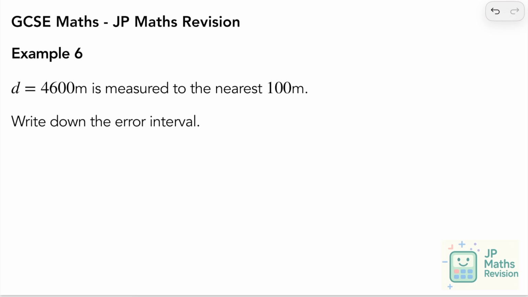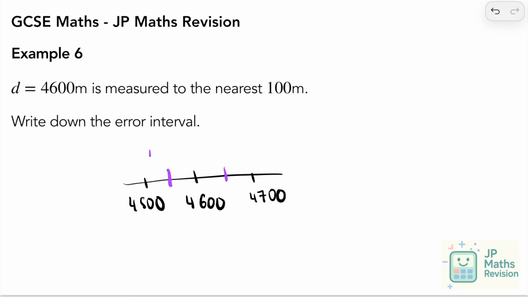This one here, so 4,600 is measured to the nearest 100. So on a number line, to the nearest 100, we have 4,600, and that's between 4,500 and 4,700. So the midpoints between the two is going to be 4,550 and 4,650. So that means we have 4,550 is less than or equal to D, which is less than 4,650.